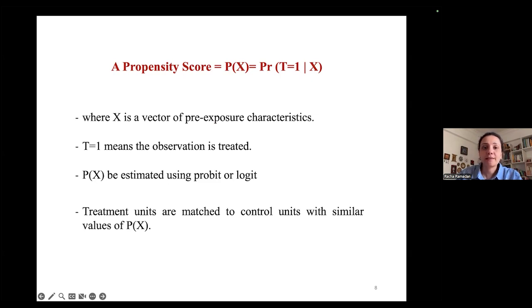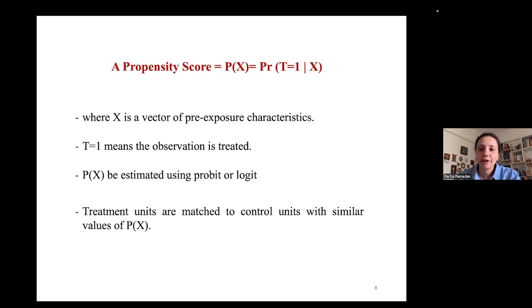X is a variable or a vector of variables prior to the exposure to the program, before being selected into the program. However, these characteristics can affect the selection into the program and can also affect the outcome variable. T equals one if the individual is treated, or if the individual benefits from this program.